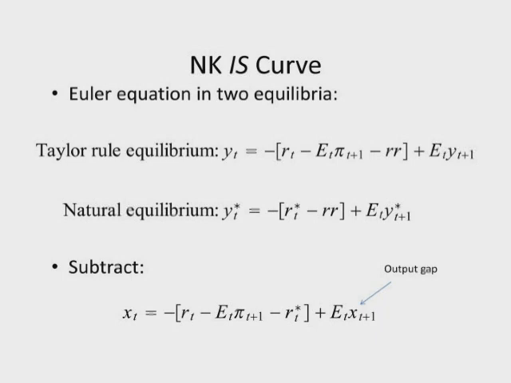So now we get the famous New Keynesian IS curve. We know that in the actual equilibrium, the log linear approximation to the intertemporal Euler equation is given by that thing over there. We derived that from the first period, except I had not y, but c. It's consumption, right?